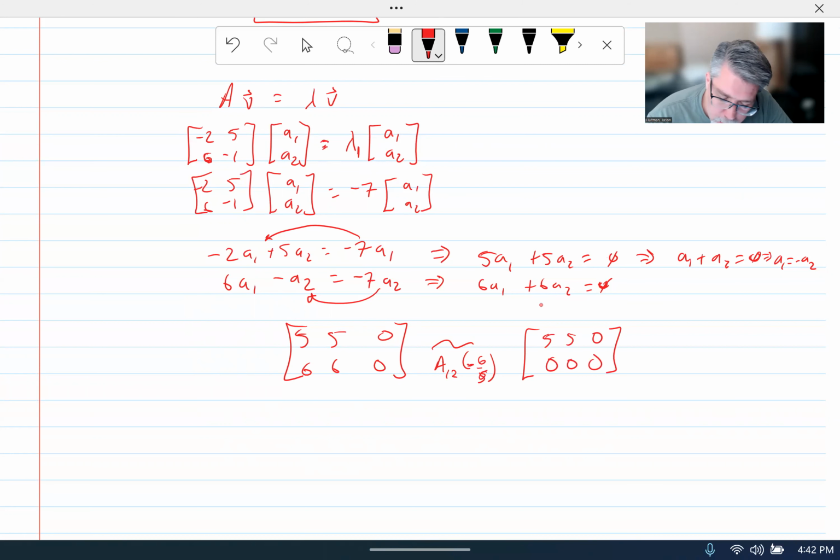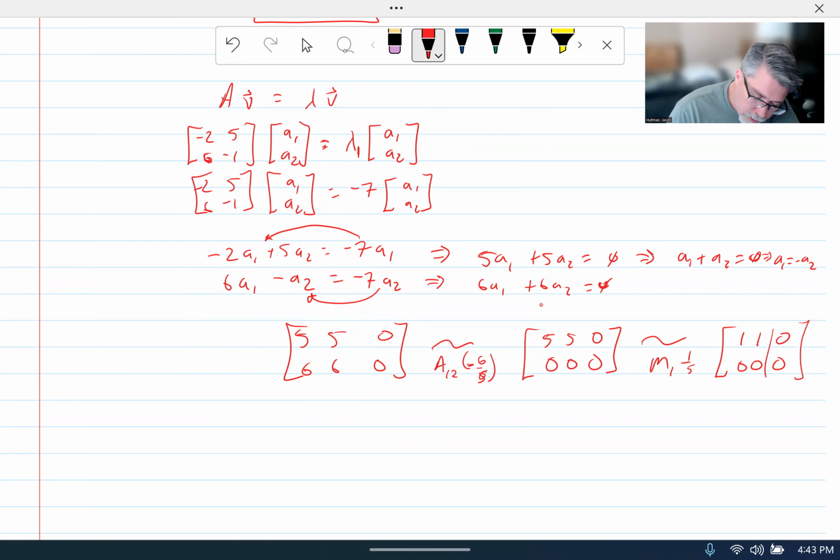I could then multiply by 1/5, and I would get 1, 1, 0, 0, 0, 0. So I don't get a unique solution here. What I get is A1 equal to negative A2.